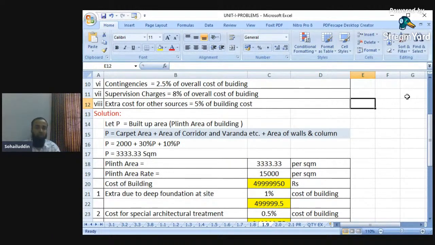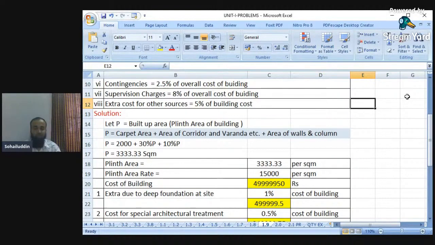So P is equal to the carpet area plus the area of corridor and veranda, which has been taken as 30% of plinth area, and walls, which has been taken as 10%. So simple addition, simple percentage: 30 divided by 100, and 10 divided by 100. The plinth area covered comes up to 3,333.33 square meters. That is the total plinth area required, covering the area for corridor and the area for walls and columns.